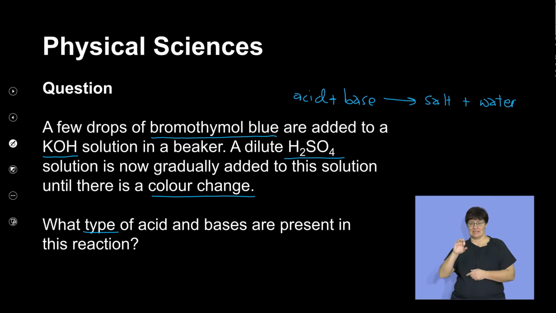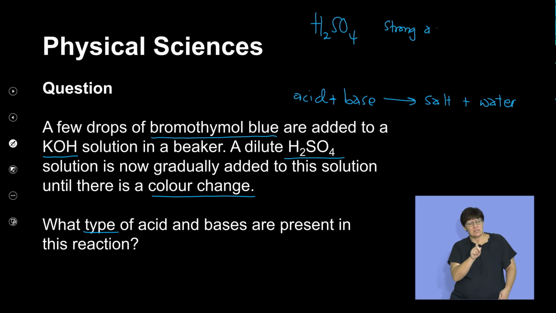Now, if you look at sulfuric acid as a solution, this is actually a strong acid. What determines the strength of an acid is that it dissociates completely. So in solution, sulfuric acid dissociates completely.